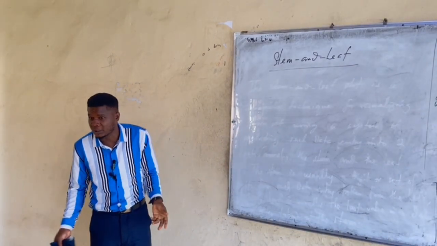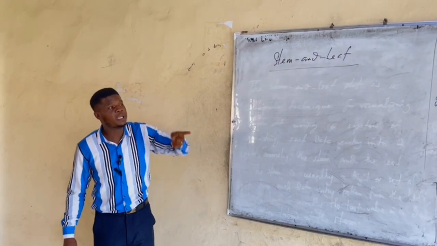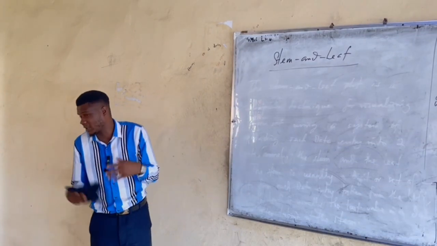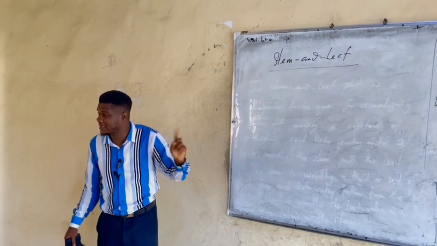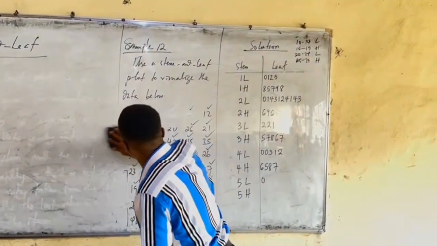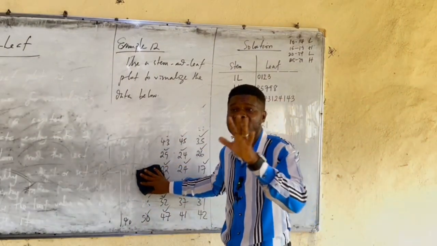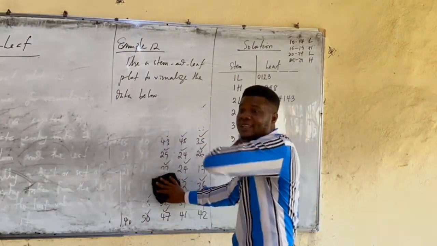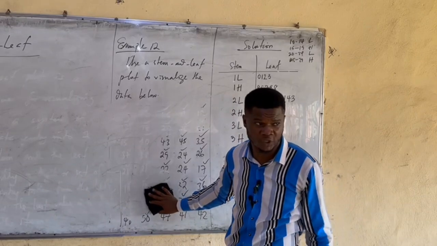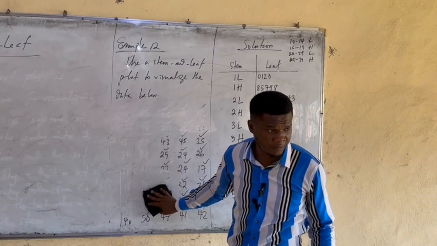Frequency curve, you cannot do it. Even box plot cannot do it. But the only one that preserves the value, look at this. If I clean this off now, what I'm trying to say, everybody, is the advantage stem and leaf has over every plot we have discussed previously. Is somebody following me? Yes, sir.